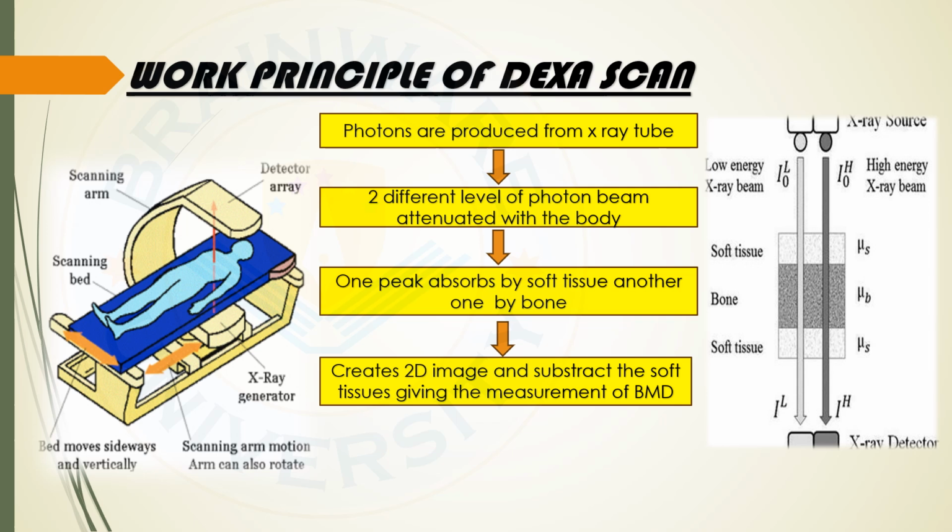The low energy one is absorbed by the soft tissue and the high energy one is absorbed by the bone, because the high energy beam has more penetration power than the low energy beam. Now it creates a 2D image in the software itself, and after that the software subtracts the soft tissue amount from the measurement and gives a solid measurement of bone mineral density.